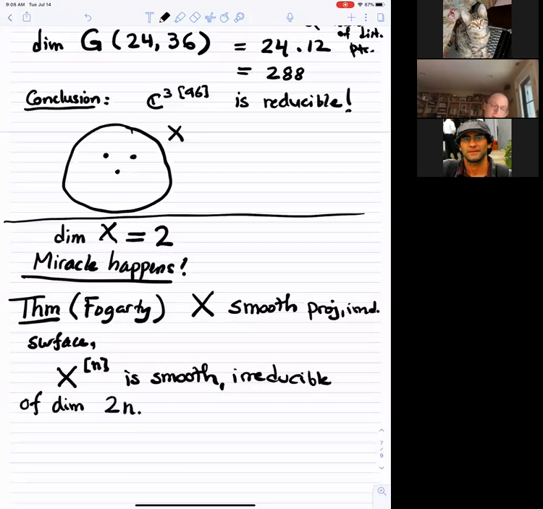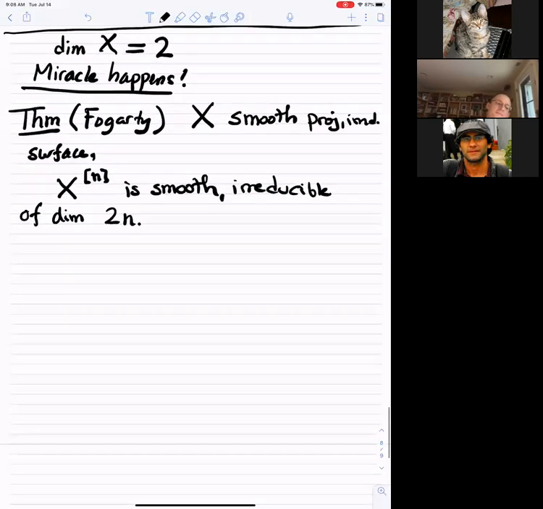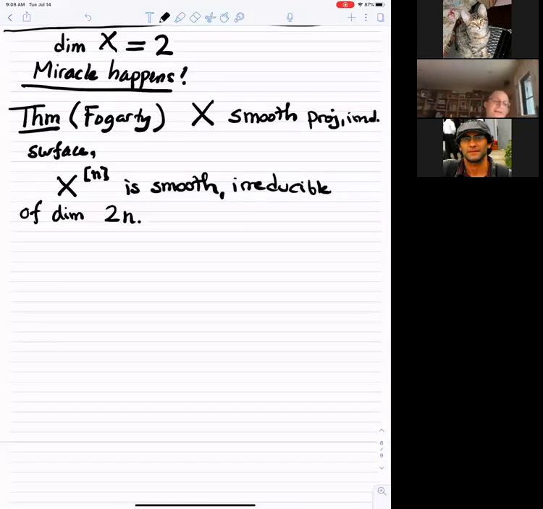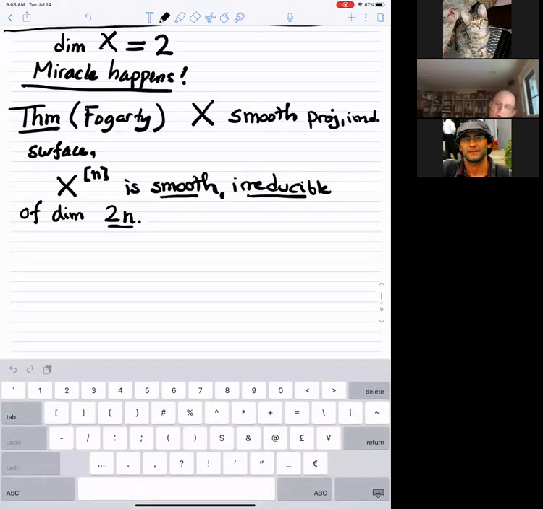So in other words, you really get what you expect: a smooth space, an irreducible space, and its dimension is 2n, like you expect. So the dimension 2 case is special.